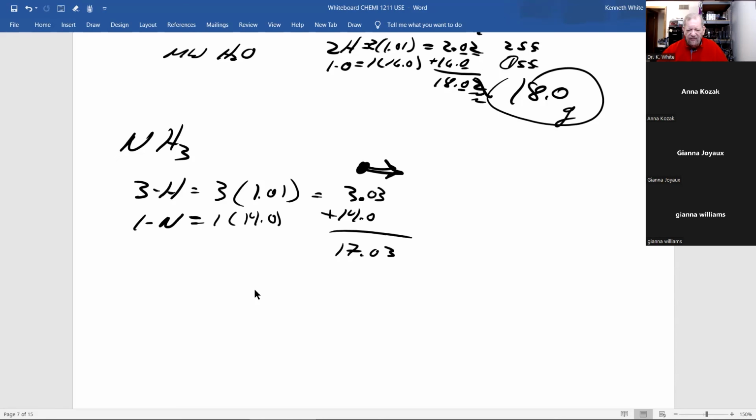Here's my decimal point. This has 2 significant figures, the 0 and the 3. This has 1, the 0. Remember, all zeros at the end of a number with a decimal are significant. Which is the lower number? Hopefully I'll pick 1. Therefore, this should have 1 to the right of the decimal point. This is my 1 I keep. Use this to round off. It's 4 or less. And the correct answer would be 17.0. But I asked how many grams? 1 mole of ammonia, 17.0 grams.